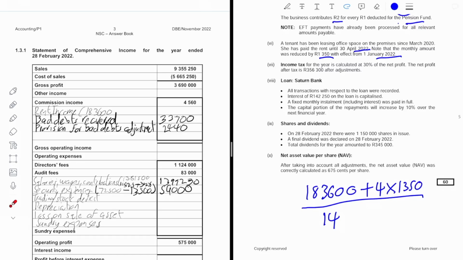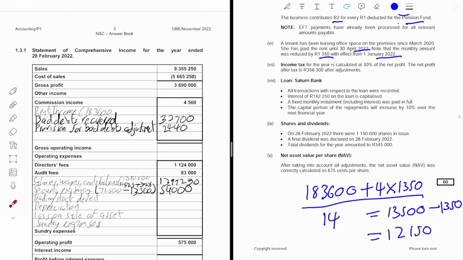And then if you put that on your calculator, you should get 13,500. But remember, this 13,500 was the rental figure before the reduction. So I need to subtract out the 1,350 that it was reduced by.